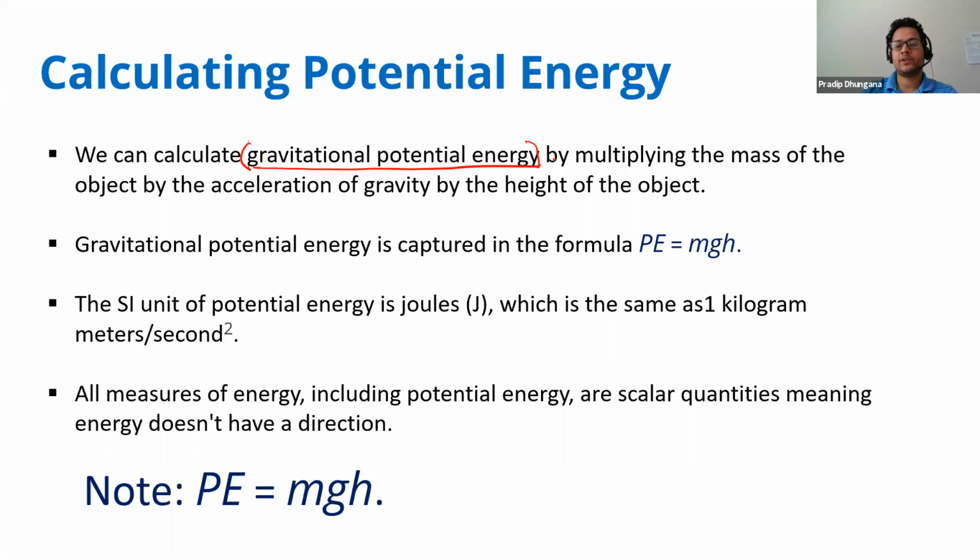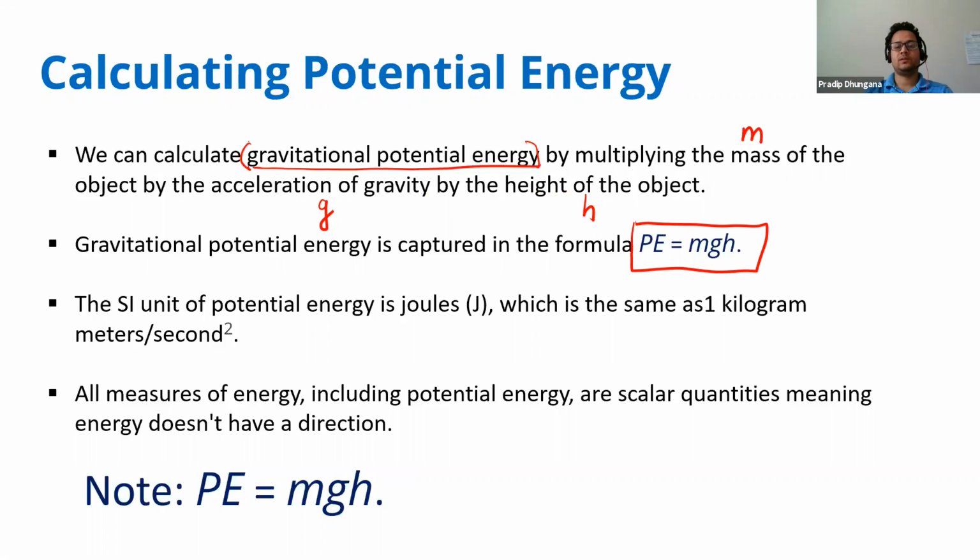We can calculate gravitational potential energy by multiplying mass, M, the mass of the object, by the acceleration of gravity, G, and then the height of the object, H. In formula, potential energy is mass times acceleration of gravity times height.